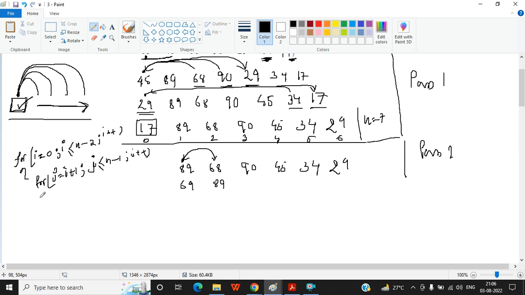Inside that, say A is the array name. You are checking if A[i], meaning that position, the first, zeroth position, is greater than A[j], which is the next position.